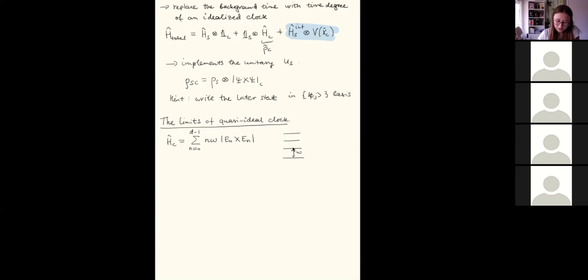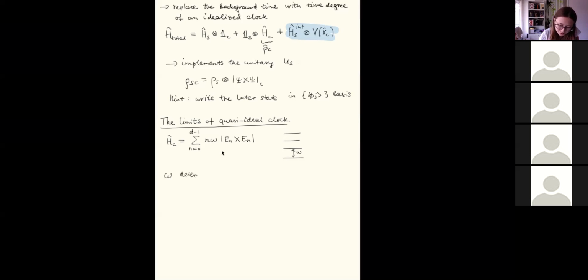In the lecture, Ralph already discussed what the basis of this Hamiltonian is, what the time states are, and what the actual time states are that you use for the clock. What is important to understand about this Hamiltonian is that omega determines two things.